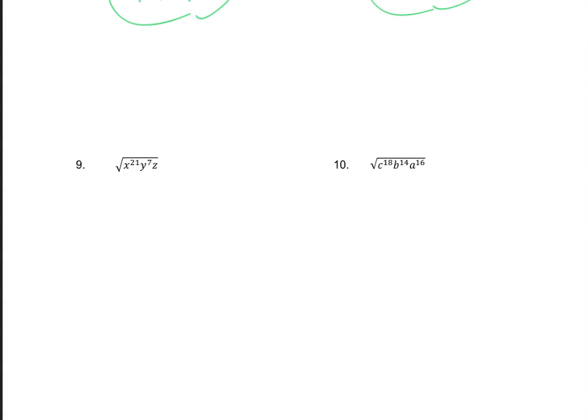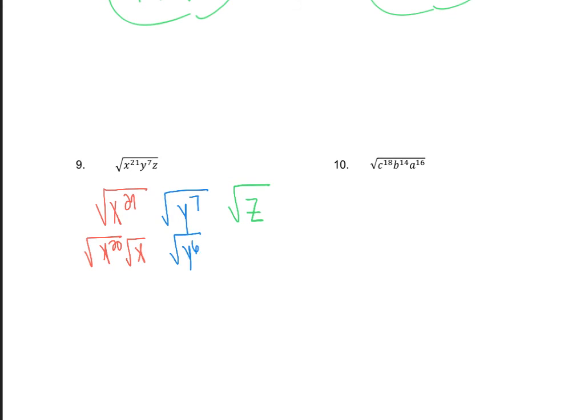All right, number 9. Definitely leaving people behind because I have all odd numbers. So I have x to the 21st, y to the 7th, z. So x I'm writing as x to the 20th, root x. Y I'm writing as y to the 6th, root y. And just root z has to follow me down.